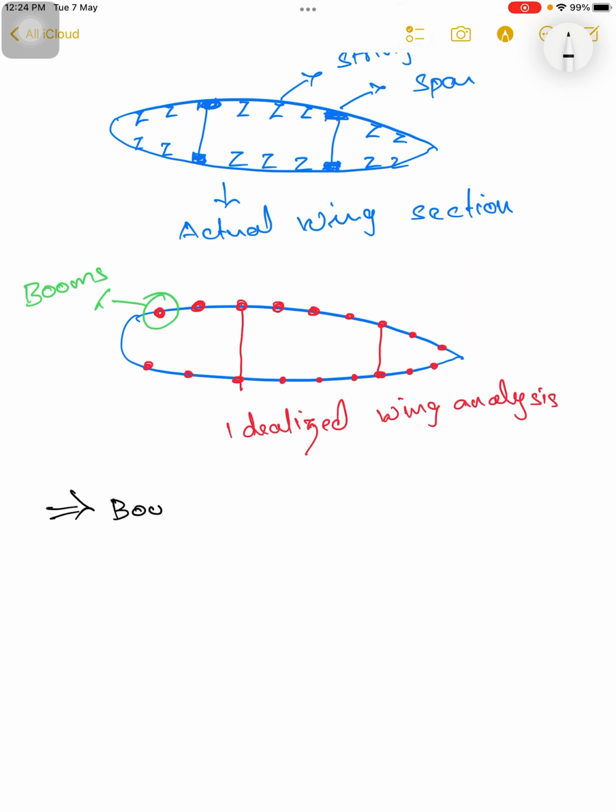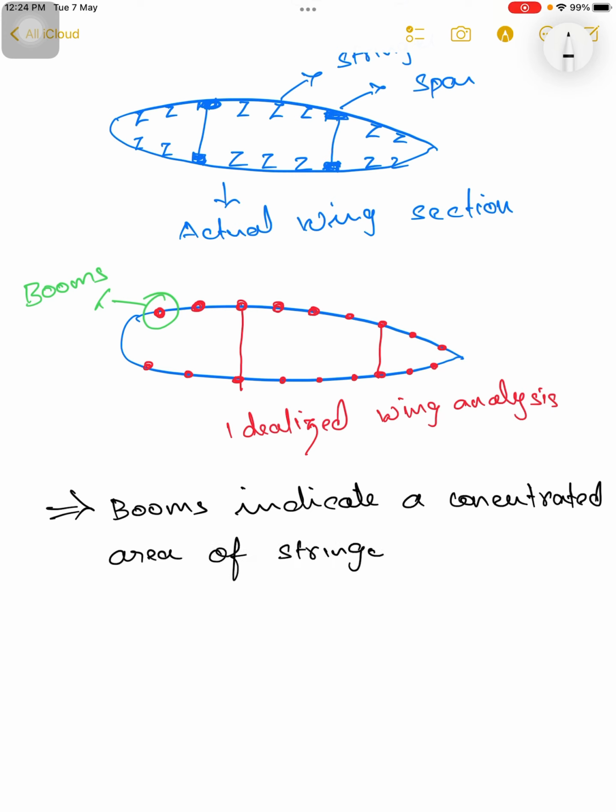Booms indicate a concentrated area of stringers and spars. So the boom is just an area. So what will be the unit? It will be in meter square, centimeter square, or millimeter square.